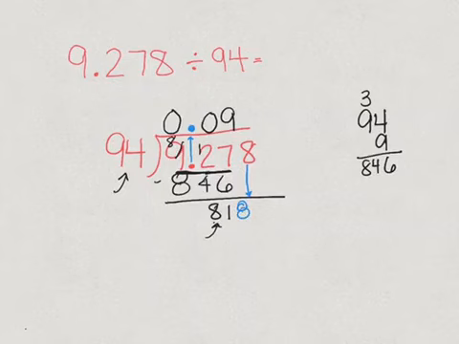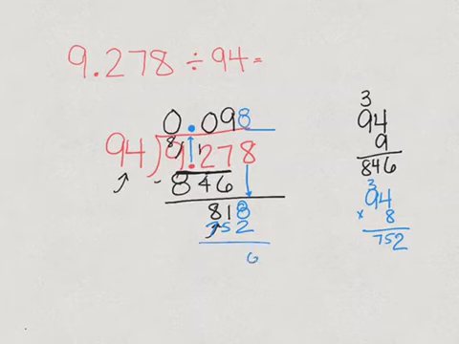All right, 94 times 8 is 752. I would have a remainder, but I don't need my remainder because I've already gone tenths, hundredths, thousandths place.